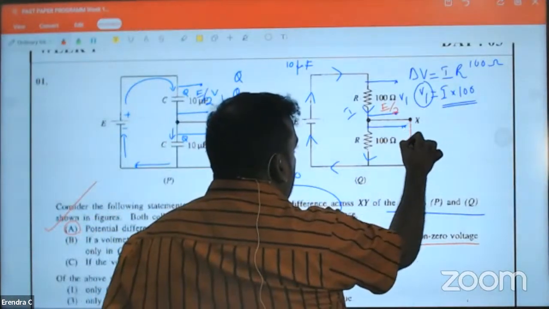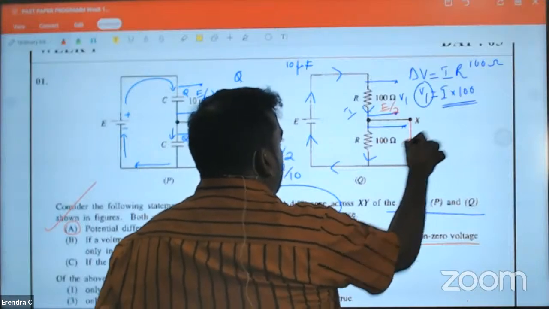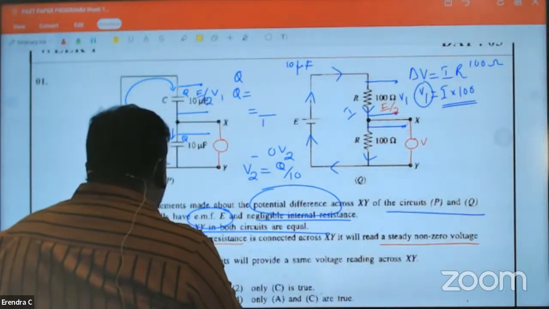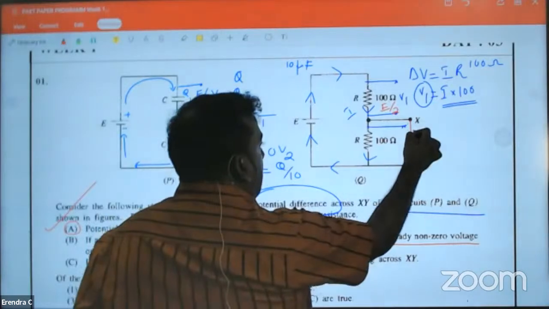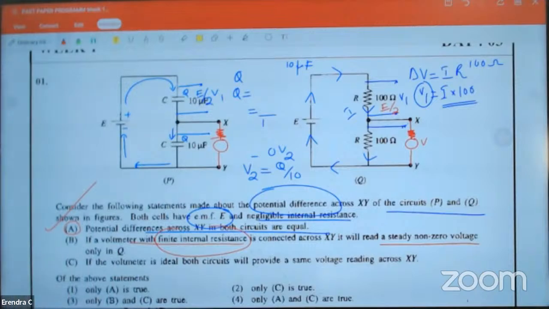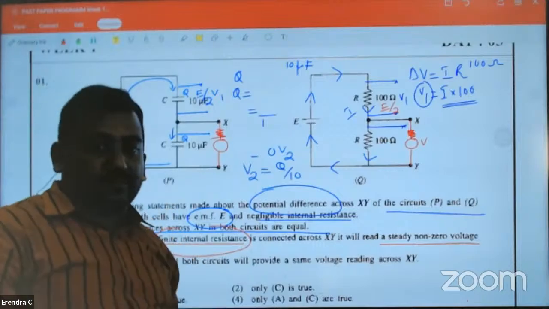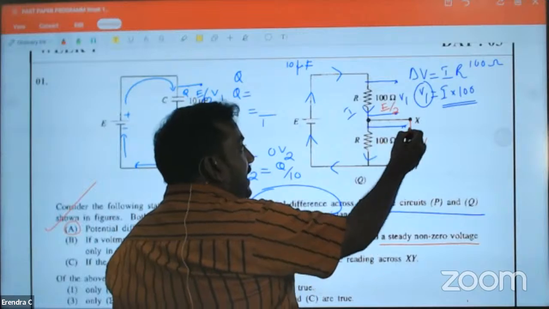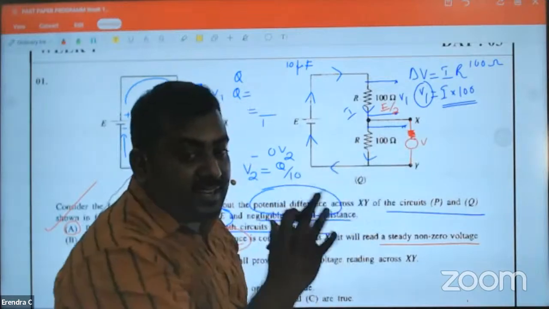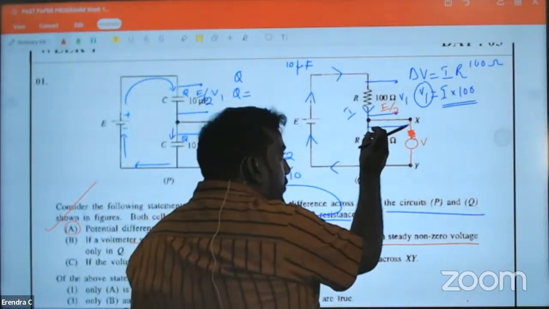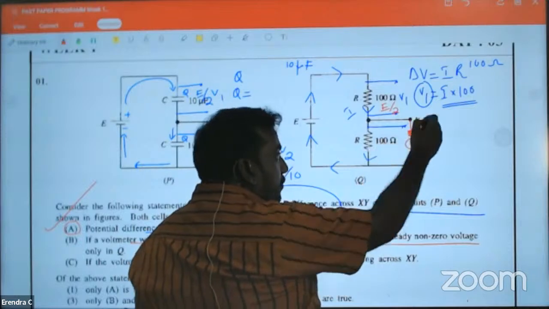If you connect it, what will happen? It has finite resistance. Carefully. Now, remember there is a capacitor connected here. So now, with the connection, effective resistance will reduce. Effective resistance reduces, voltage across it reduces.